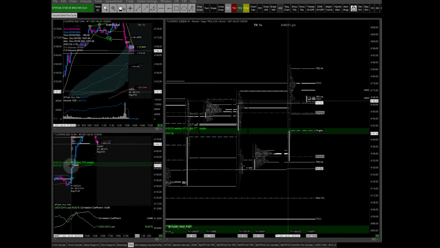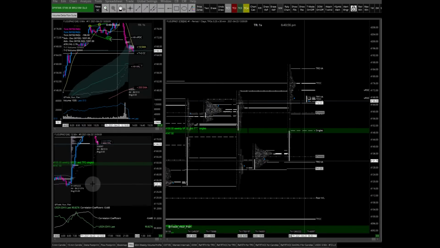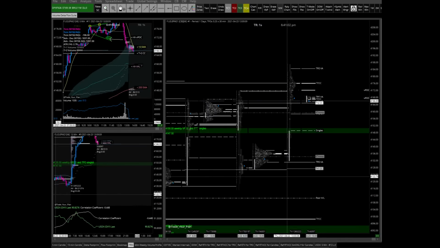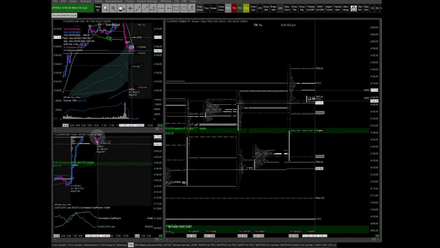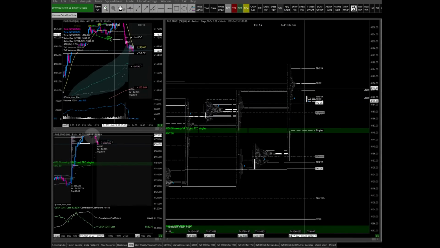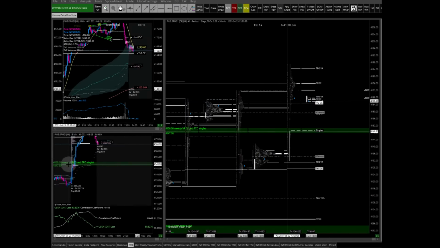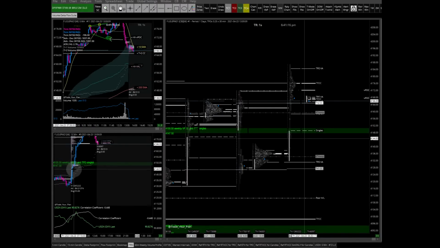You can see here, this is where the volume point of control was. Makes sense that it migrated here at some point. It was here early in the morning, then it migrated here, then here. And I think it migrated back towards the close, around 71 or 72, something like that. But anyway, it's the early morning point of control for the intraday price action today.